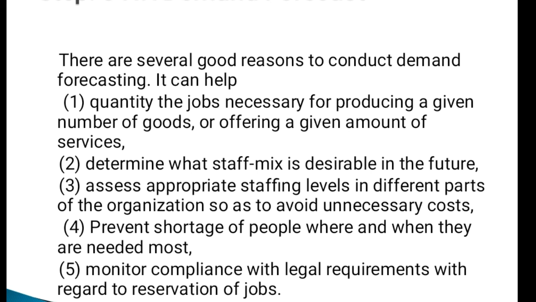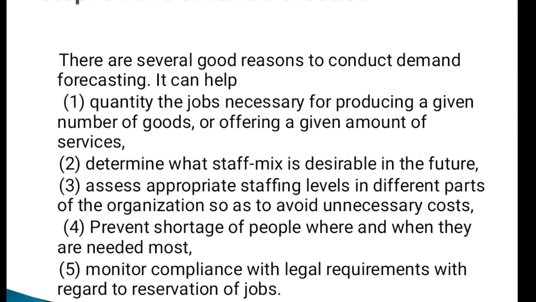Here, due to proper forecasting, the supply of people can be filled whenever and wherever required, so that the balance can take place, because supply forecasting always depends on demand forecasting.